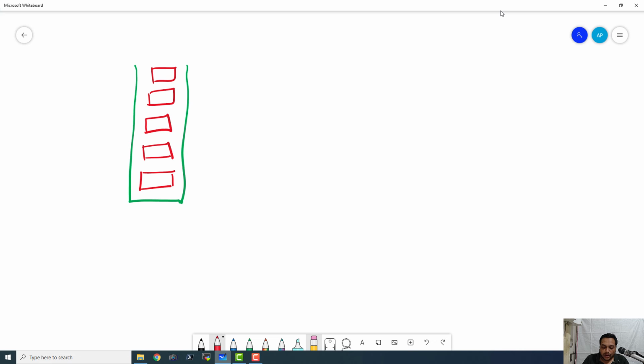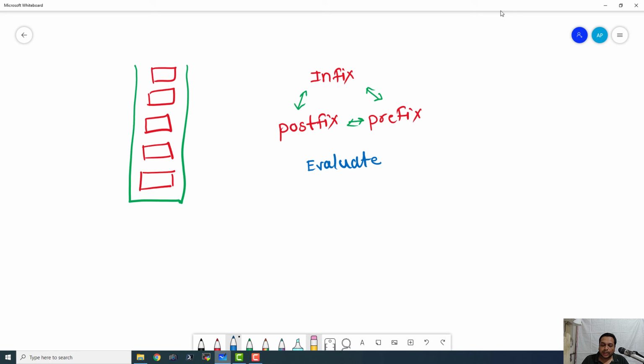We can use stacks for conversion between infix, prefix, and postfix expressions. So we can use the stack to convert these expressions into each other. And we can also use it to evaluate the expressions.